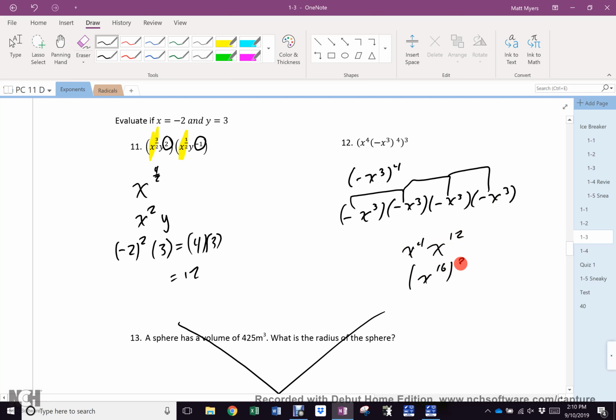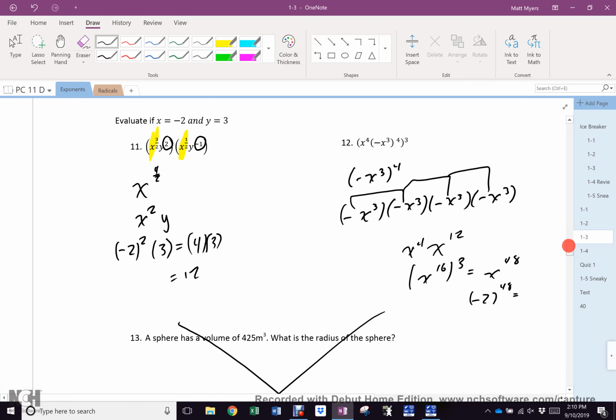That all cubed is like x to the 48. And x is negative 2. 48 is even. So my answer is going to be a gigantic what? Number that is positive or negative? Positive. Everybody good? All right.